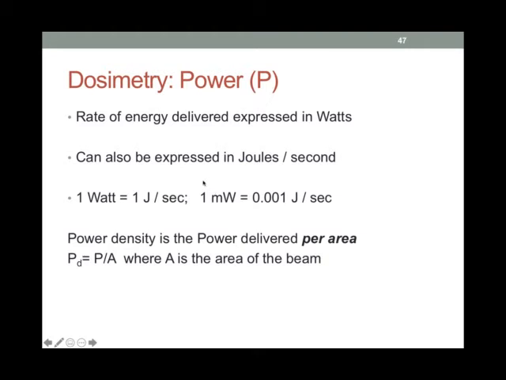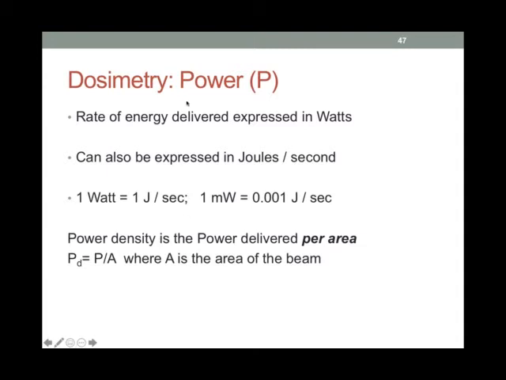So of course, if we're using, for example, a laser with a power of 100 milliwatts, then we would be looking at 0.1 joules per second. So the greater the power of that laser beam that is produced, the faster we're going to be able to get energy into the tissues.